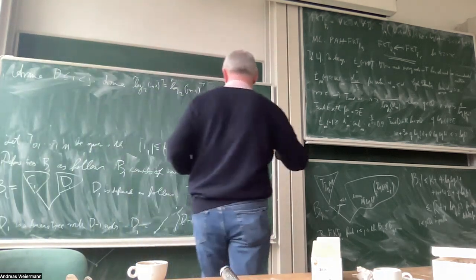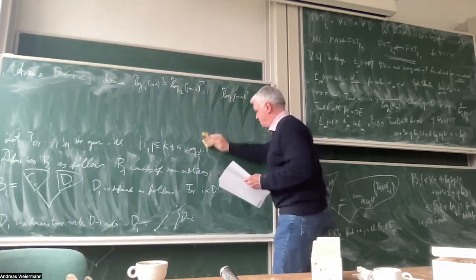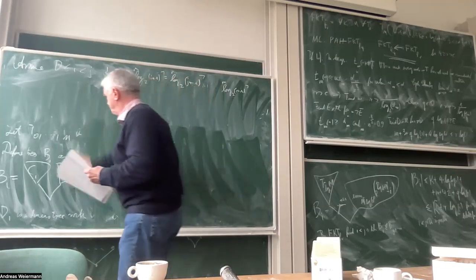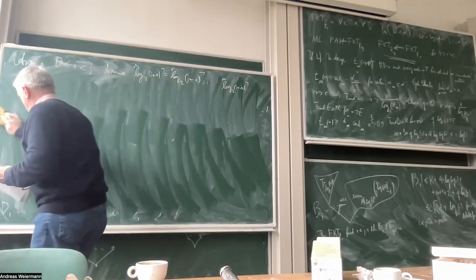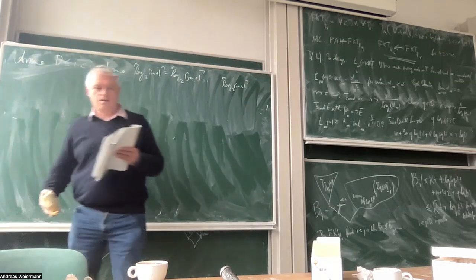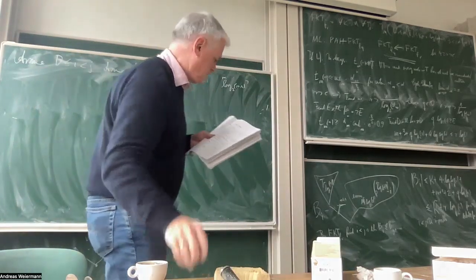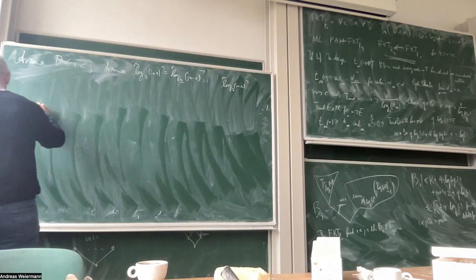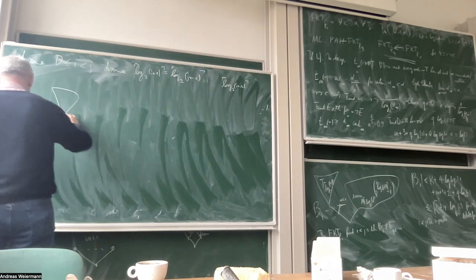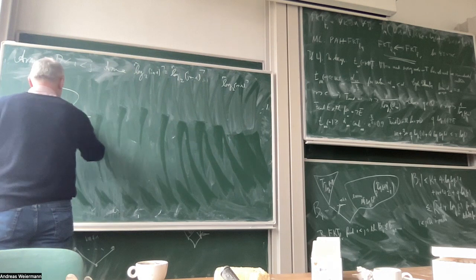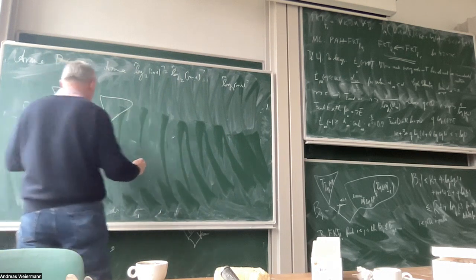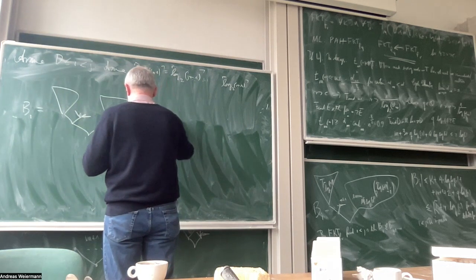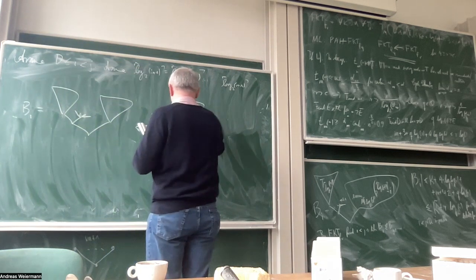And so my claim is that this is impossible. Now, why is this impossible? So we have here BI having this thing, compatible into BJ, having this simple form.